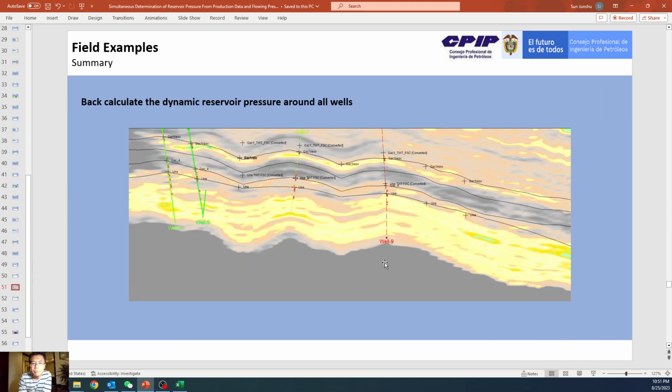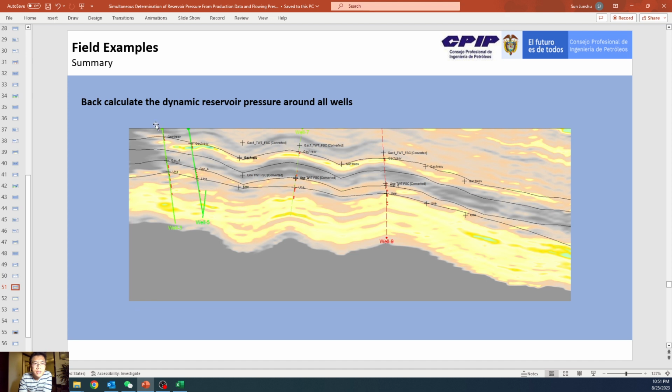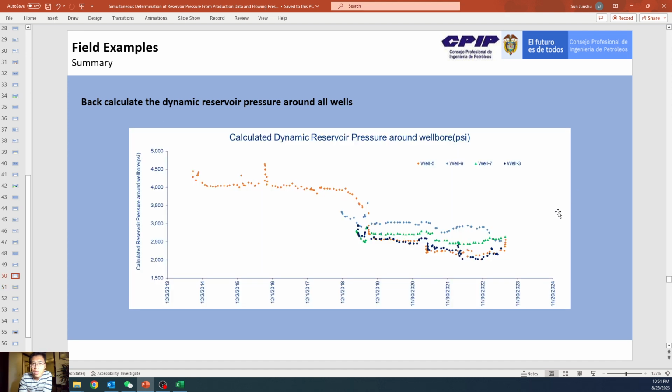Well 9 close to the aquifer has the highest pressure. Well 3 is far away from the aquifer and the area pressure is the lowest. So this looks reasonable using the PI back calculation methodology.